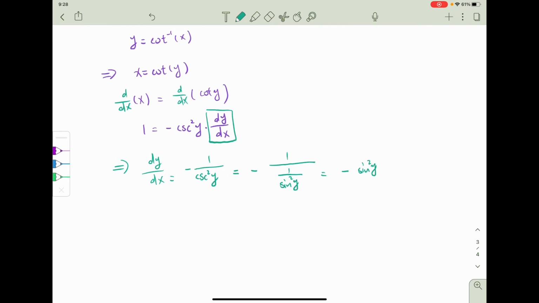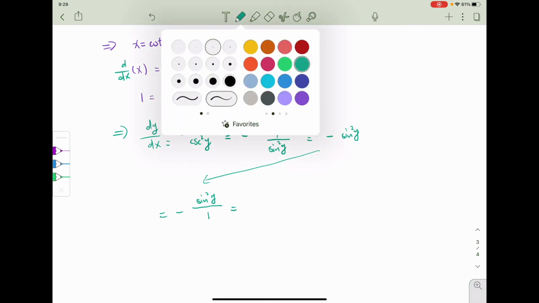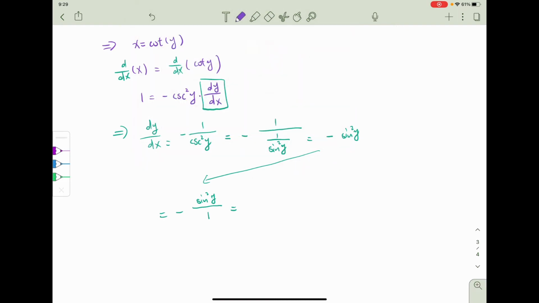And for this, we can view this as sine square of y over 1, because it doesn't hurt to put 1 in our denominator. Anything divided by 1 is equal to itself. But the reason I put this 1 here is because we want to use the identity that cos square y plus sine square y is equal to 1.